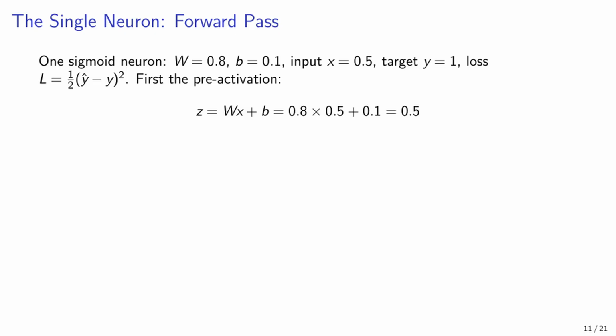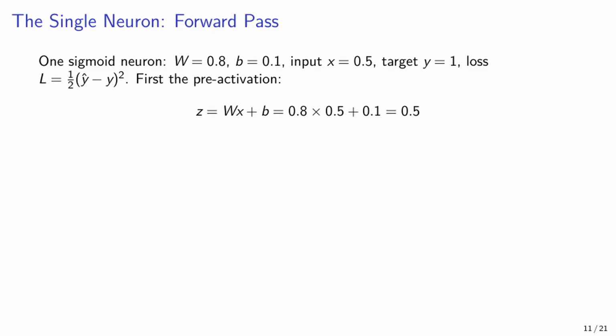Let's derive every one of those numbers ourselves. The neuron: weight is 0.8, bias 0.1, input 0.5, target 1, and squared error loss.